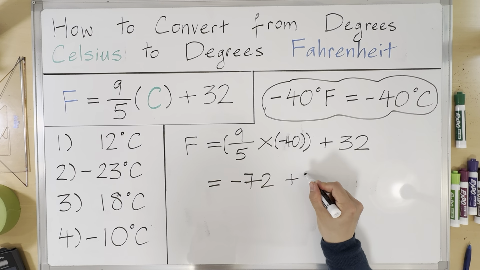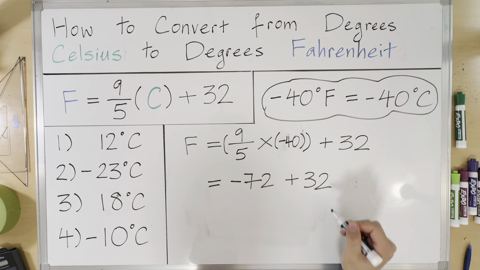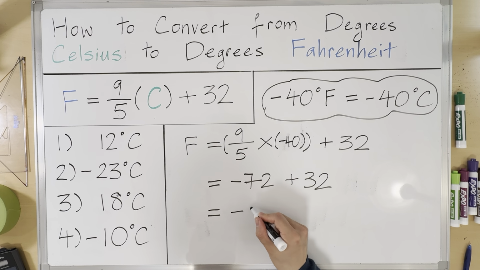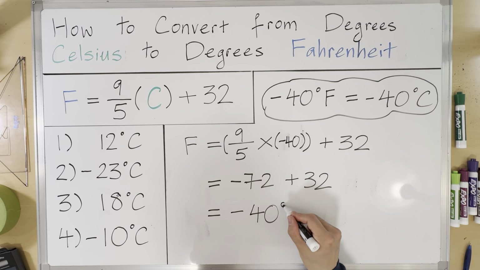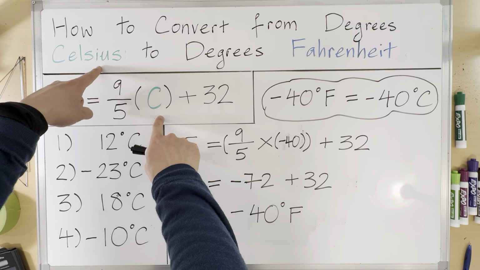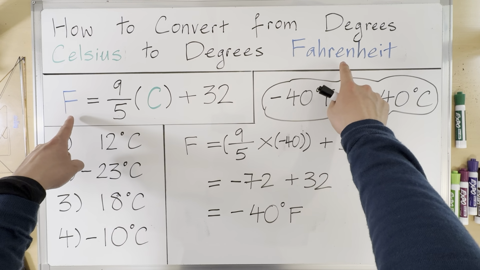And of course, we must add 32 to the number. And that gives us negative 40 degrees Fahrenheit. And this is how you convert a temperature reading from degrees Celsius to degrees Fahrenheit.